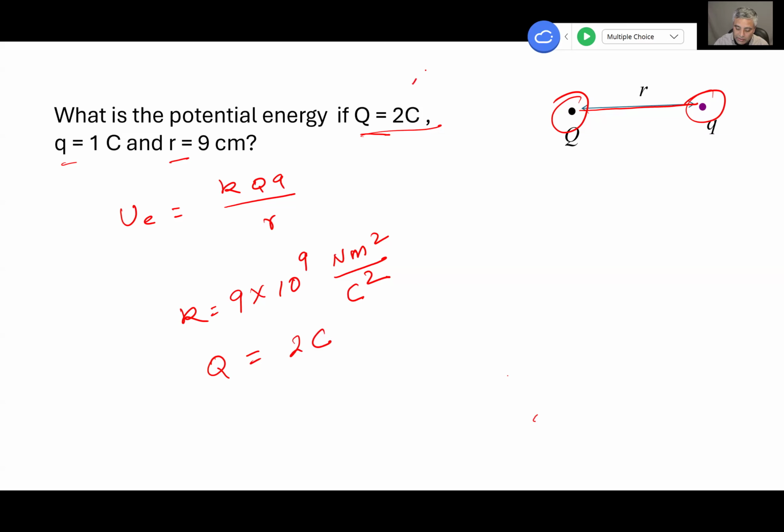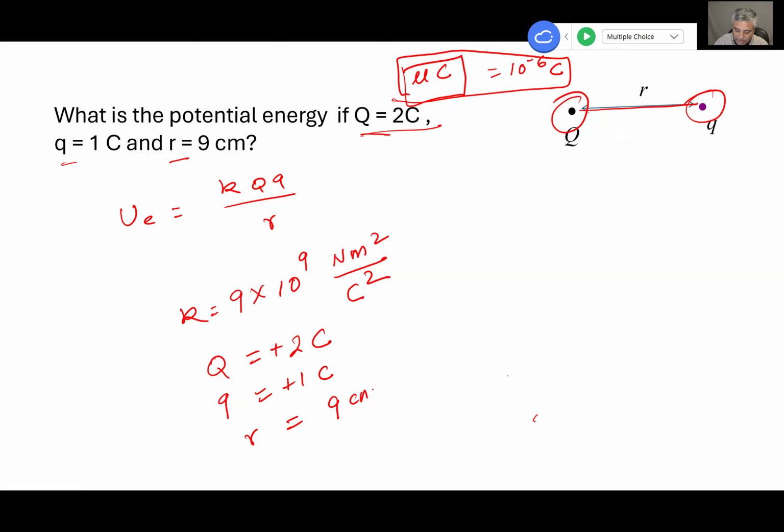If it was microcoulomb, and often you may see charge given in microcoulomb, that means you have to use 10 to the power negative 6 Coulomb. But this time it's a Coulomb, so we can just leave it like that. And this is 1 Coulomb. Both of these are positive. There is no negative sign. And R is 9 centimeter.